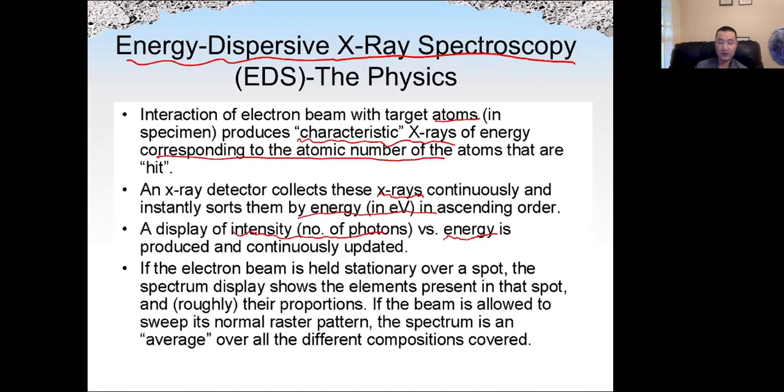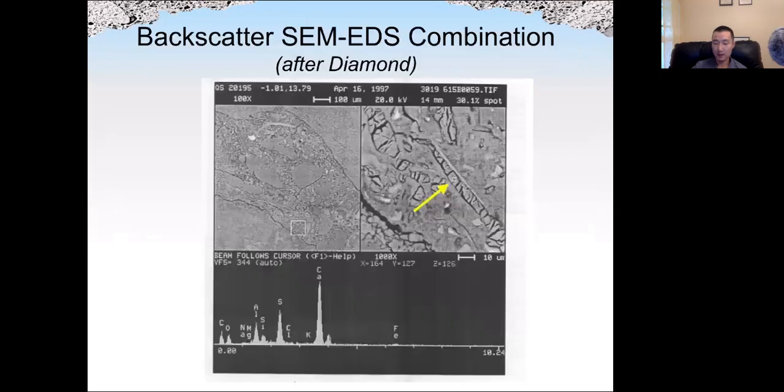Right. So if the electron beam is not moving, is stationary over a spot, we can have an idea of what type of element, what type of atom, is in that spot. If the beam is moving, like doing a raster scan, then we have the average of all the points it scanned.